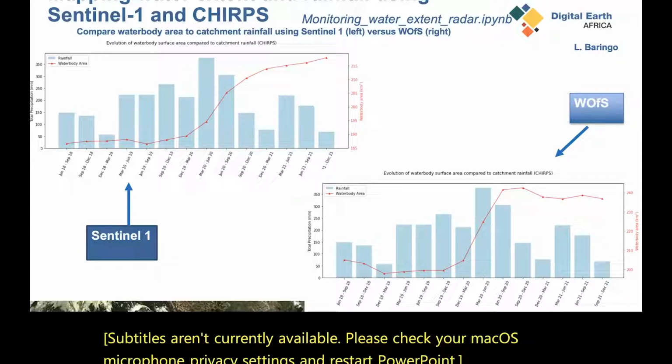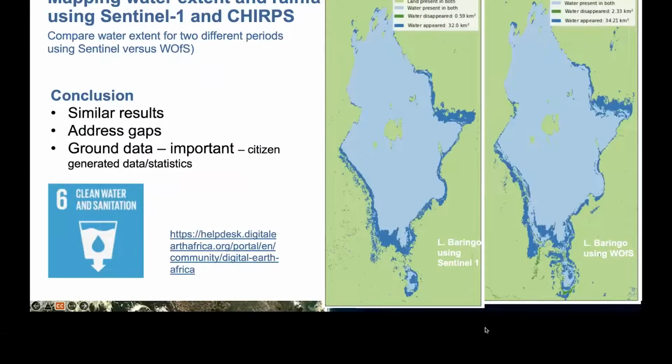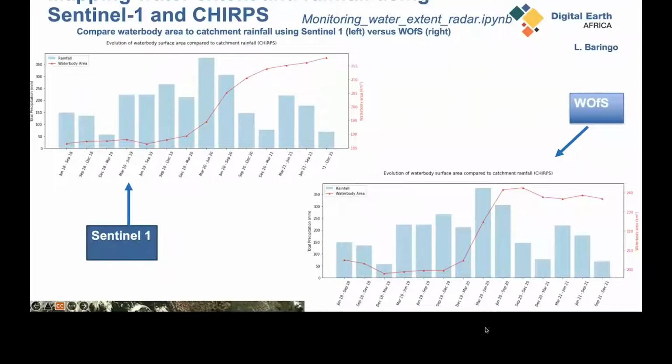With Sentinel, the curve is smooth, based on what has been observed. And with WOfS, there's quite a challenge in terms of very strong peaks. We can attribute this to the processing or also the reflectance properties of the two data sets. But at the end of the day, the comparison is that you're able to see a peak at the right time, around this particular month of September. At least there was something that can be communicated.